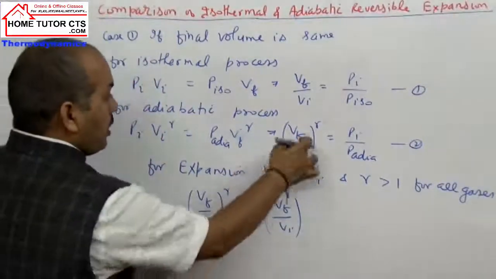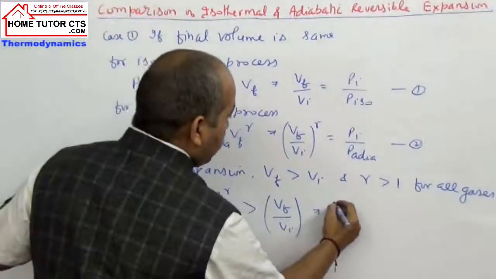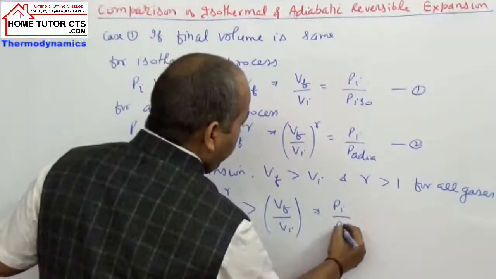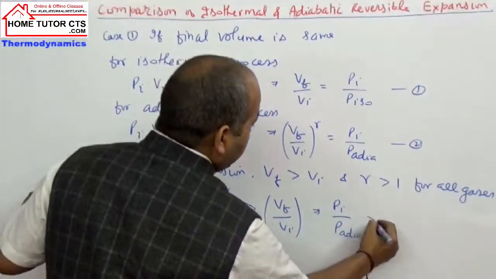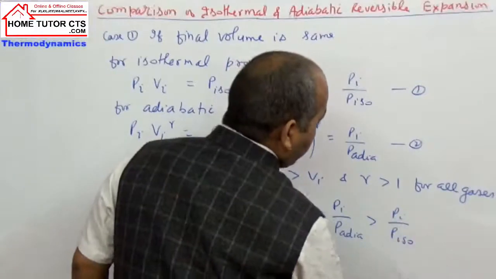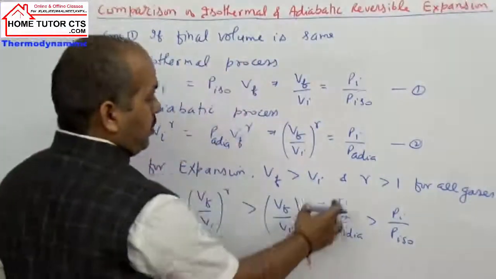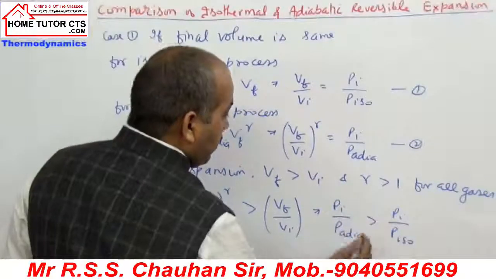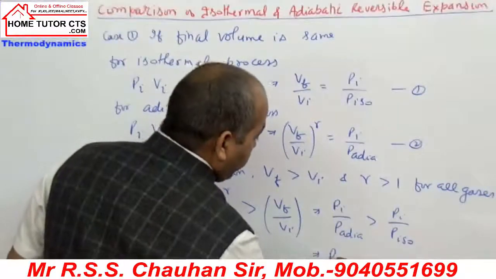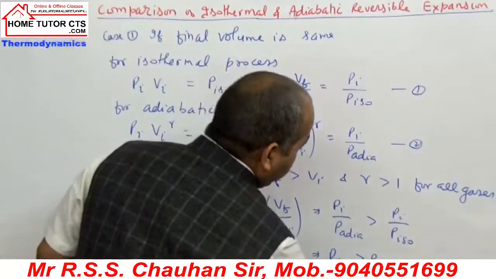Now if it is more, that means this value should be more than this value. So we can write from here that P initial by P adiabatic is more as compared to P initial by P isothermal. Now we have initially the same pressure, so we can cancel it out, and this relation gives that P isothermal is more than P adiabatic.